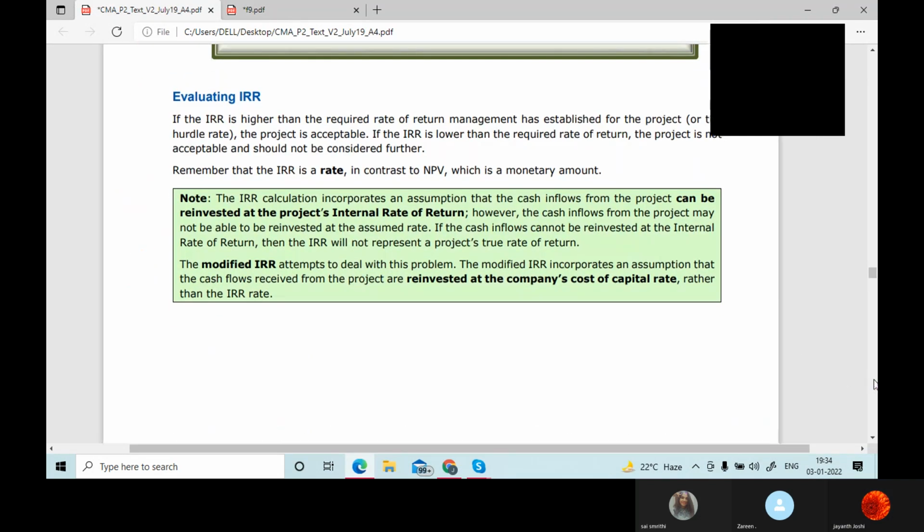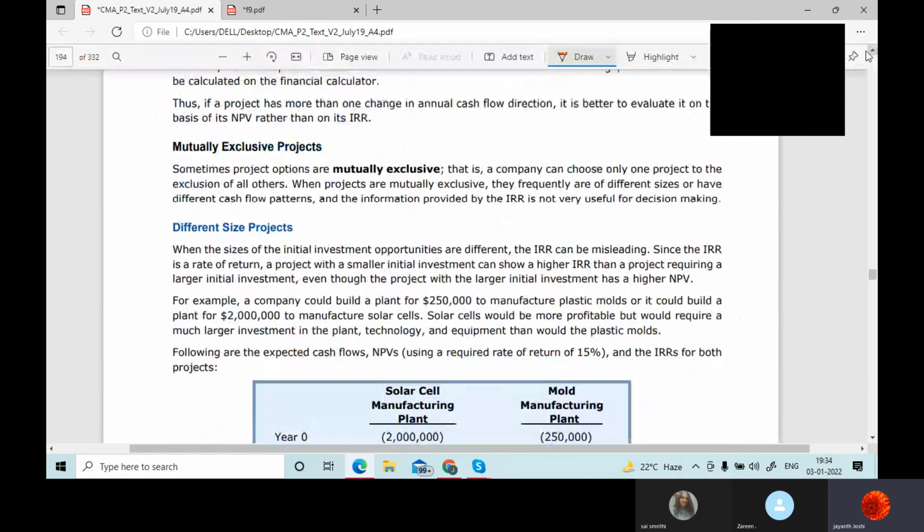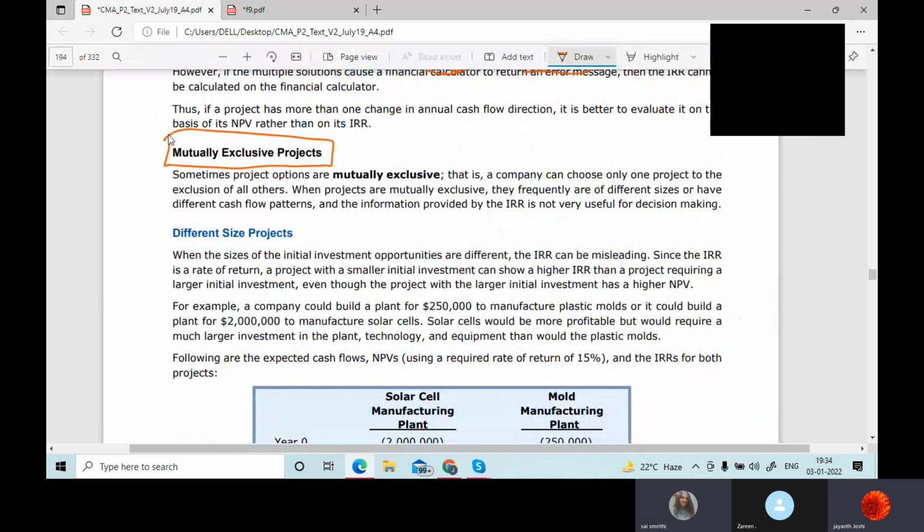That is one of the problems. Now let us understand mutually exclusive projects. A mutually exclusive project is nothing but out of two you have to pick only one.